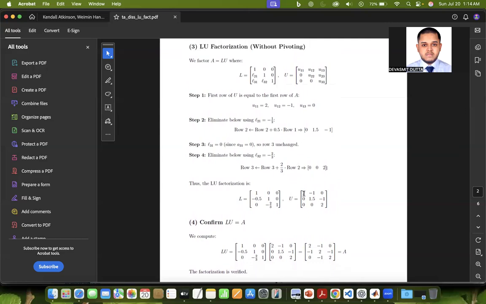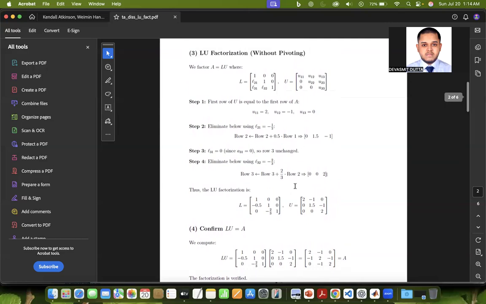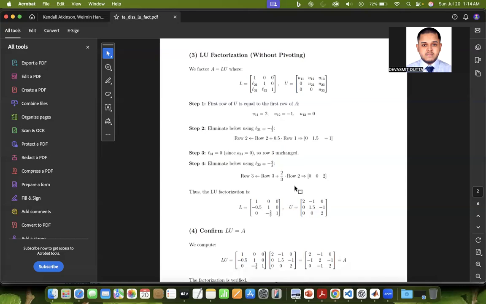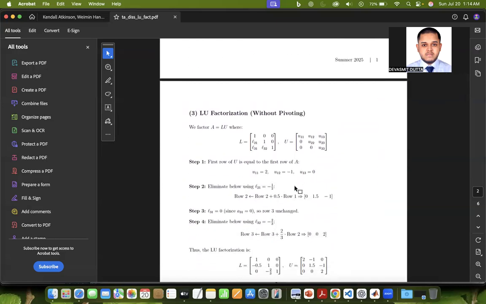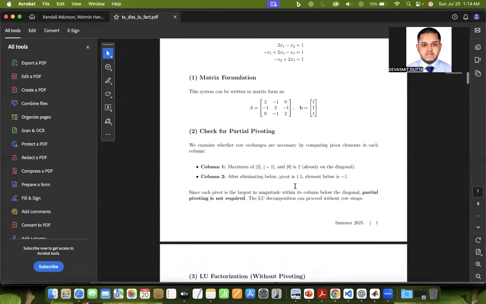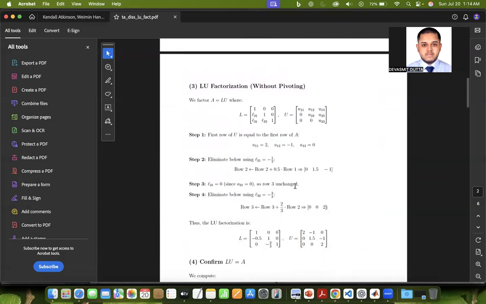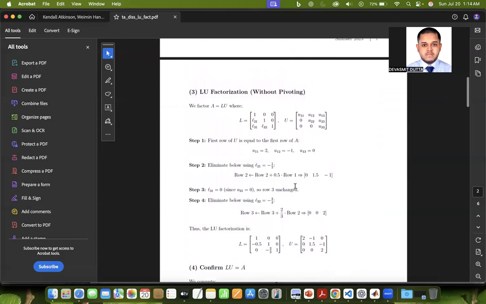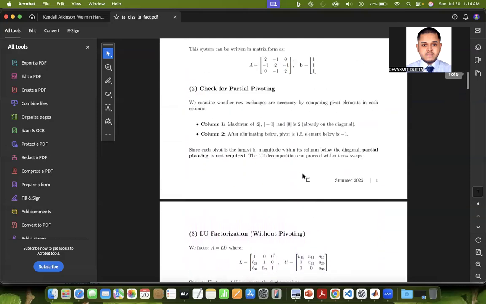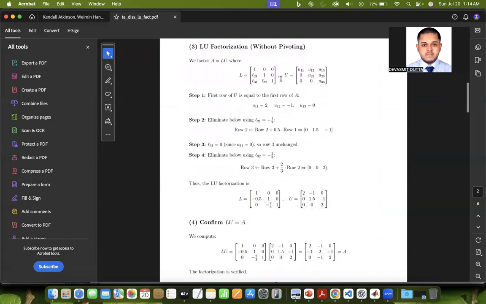And for U, it is nothing but your transformed A, because you initially assume U to be A, but when you keep on transforming A, you're going to see the lower diagonal terms keep going to 0.